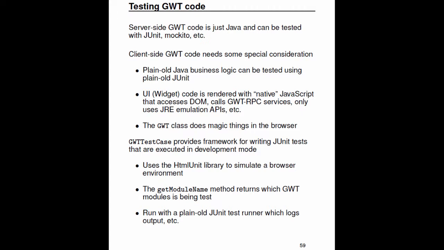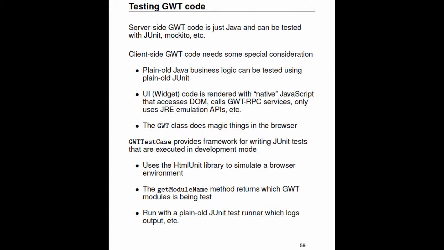Now, your code for the server side, all the business logic and stuff, that's just plain old Java code. So that can be tested however you're doing it now, JUnit, Mockito, which we'll learn about later, etc. Client-side GWT code, though, isn't regular Java code in that it's code that gets compiled into JavaScript. You have things like buttons and list boxes and browser history, and all this stuff doesn't really exist in the Java world, or rather, you need to go to extra lengths to make it exist in the Java world.